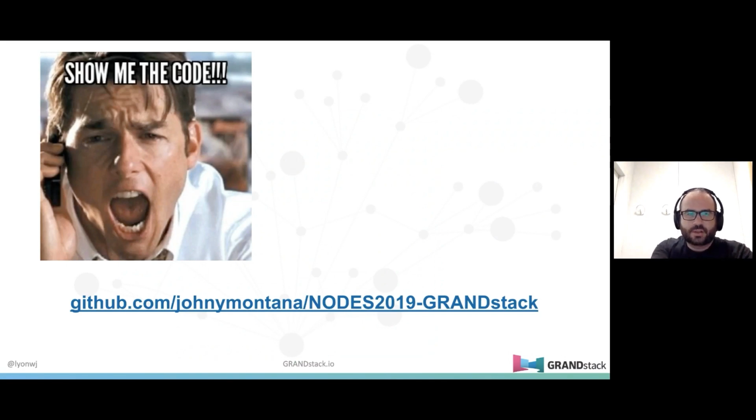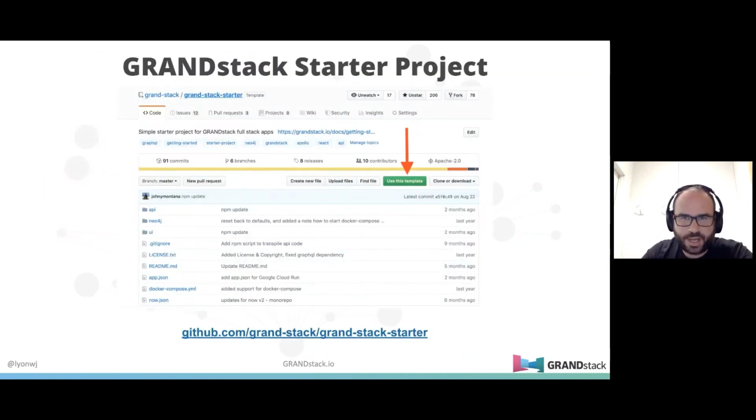Okay, so the code for this demo is online on my GitHub page. So feel free to play around with that. Again, I use this just starting from the GRANDstack starter project. GitHub has this really nice feature to treat repositories as templates. So if you just click use this template, it does something kind of similar to a fork.